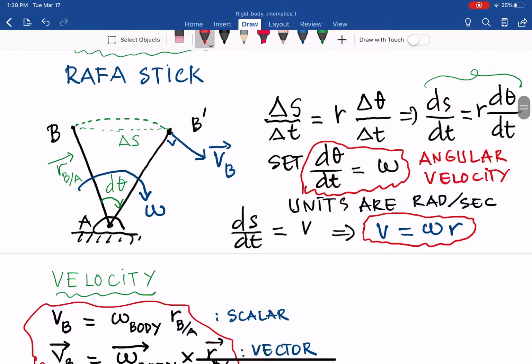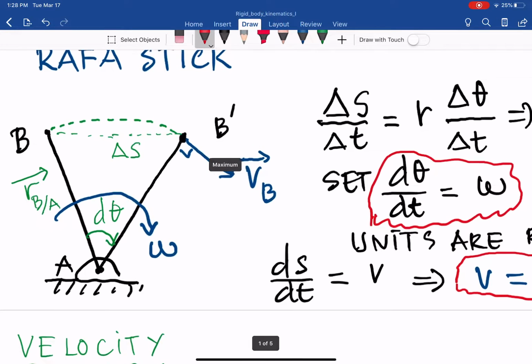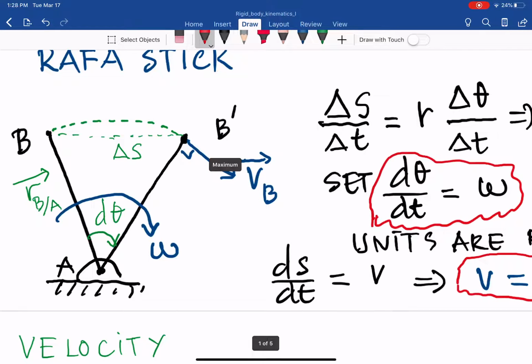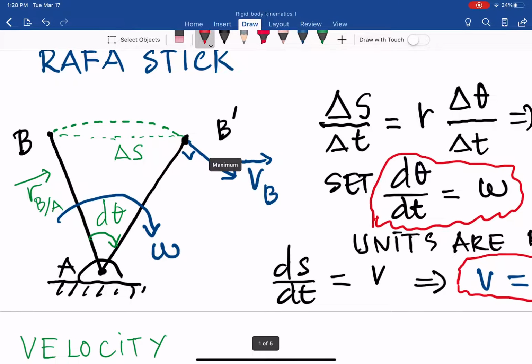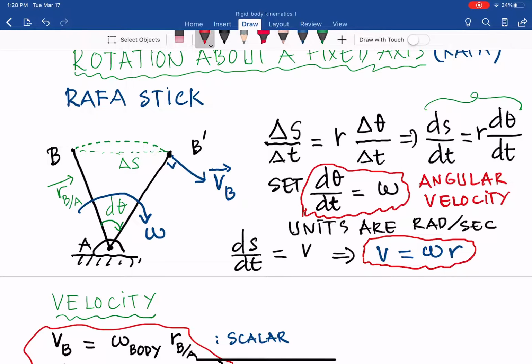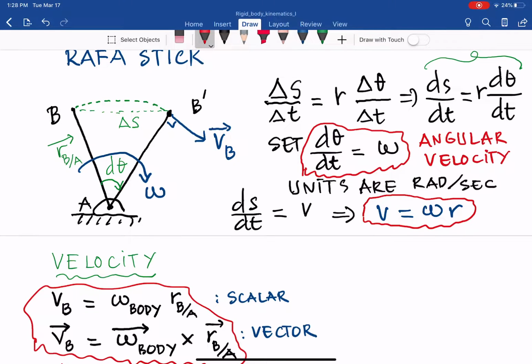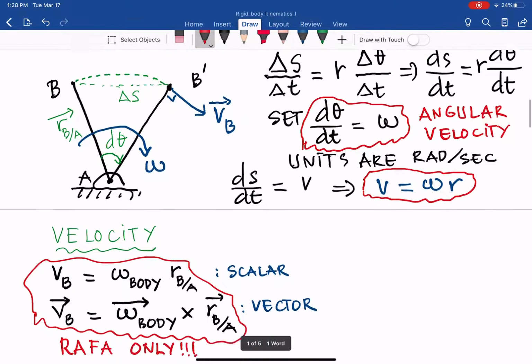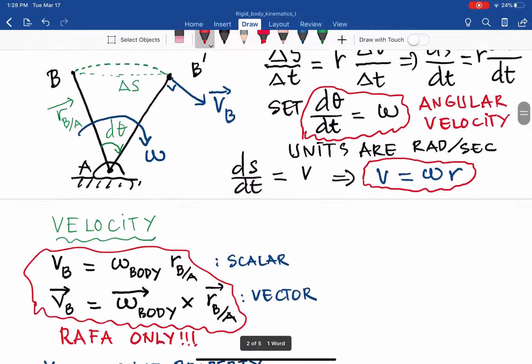What does that mean? In this rafa stick, if omega is clockwise, then the velocity VB is consistent. You see that there? It goes to the right. If omega is counterclockwise, then velocity B goes to the left. So we are talking about the consistency in terms of direction between the angular velocity and the velocity of a point.